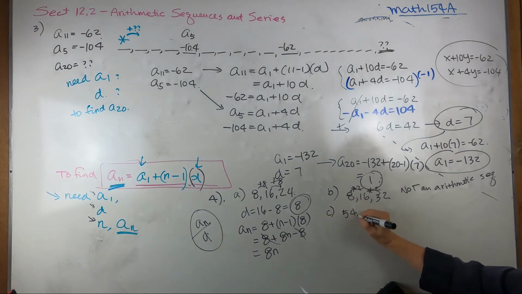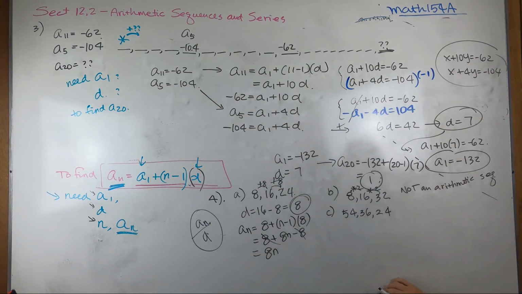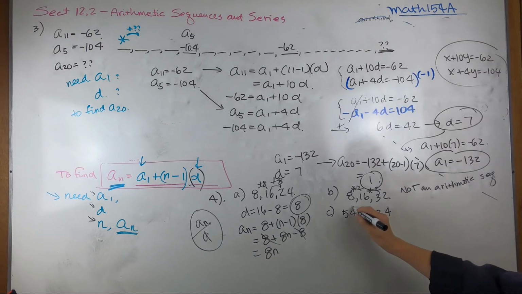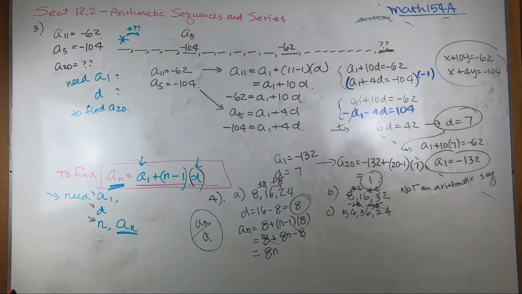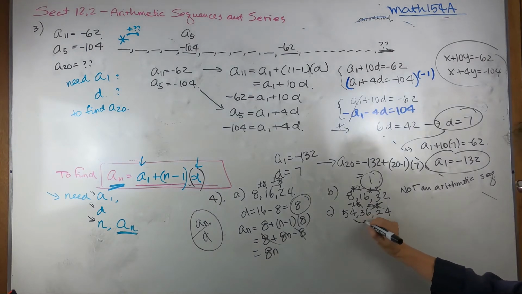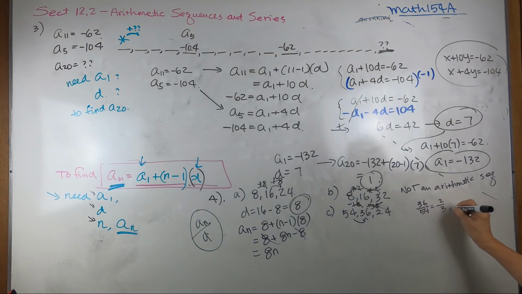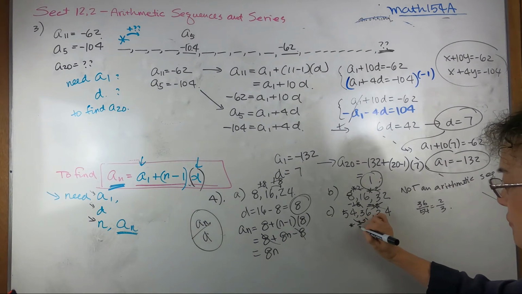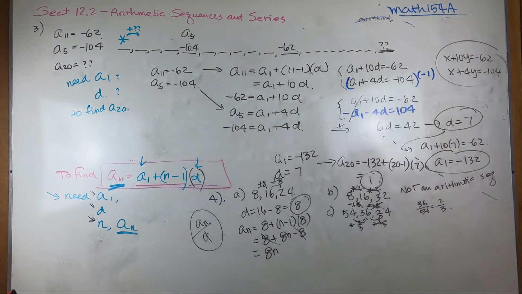So look at the next one. If 54, 36, and 24, can we do it? This one, if it's minus 18, this one is not minus 18, right? So actually this one is what? 36 divided by 54 is 2/3. Actually, it's multiplying by 2/3.